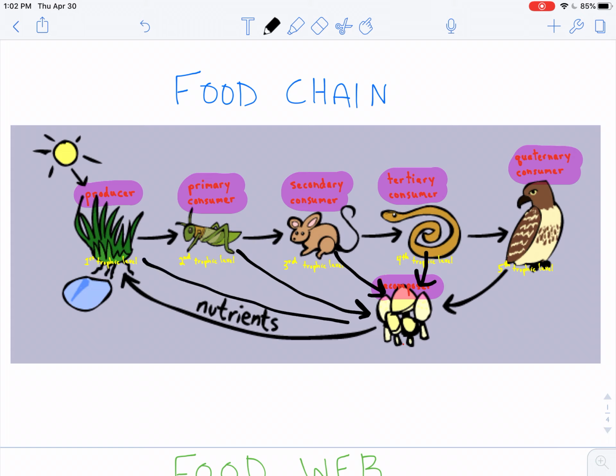That means that no matter what the organism is, decomposers will break them down after they die. Now, that makes the picture a little bit messy, so I'm going to erase those arrows just to make the picture more clean. But you do need to understand that that is how decomposers work. Anytime anything dies, decomposers will break them down.